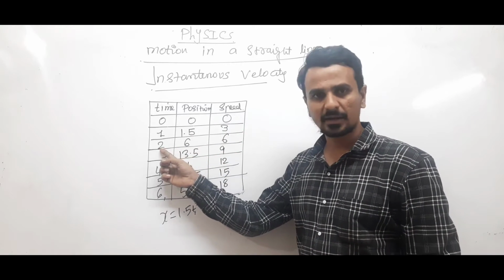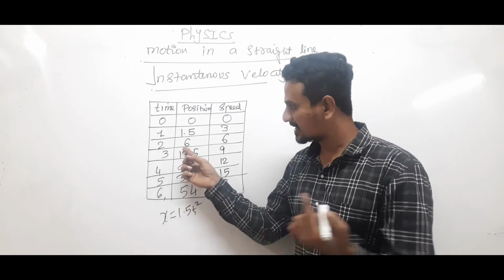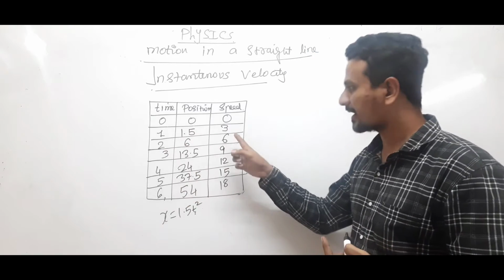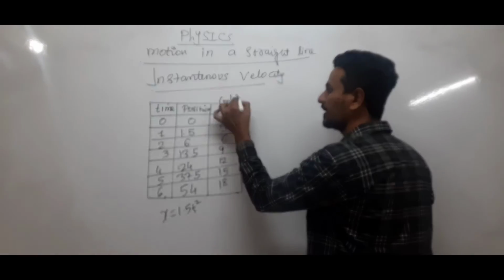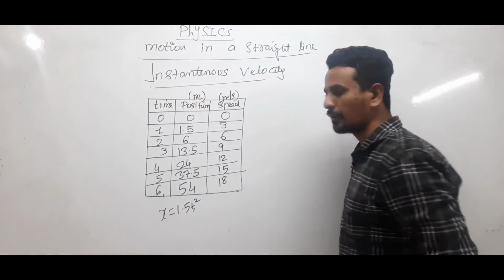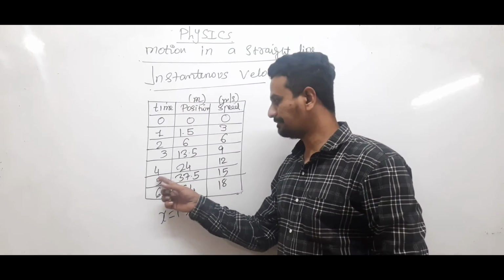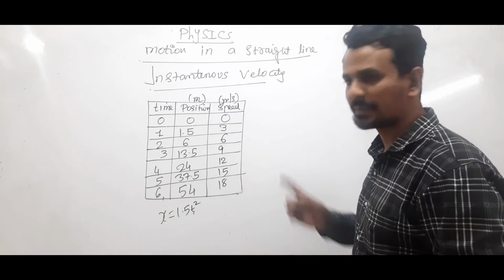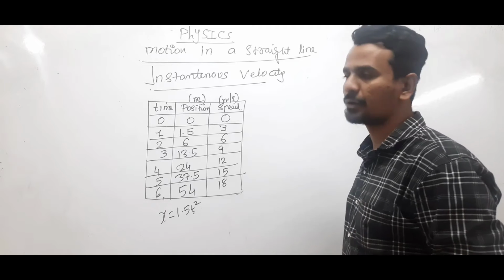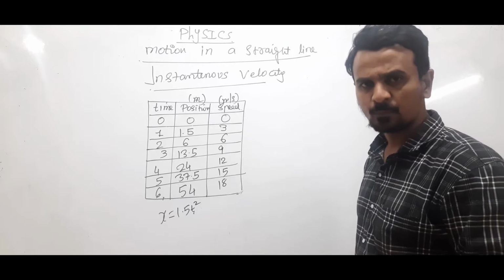At 2 seconds the car has moved 6 meters, and the speed is 6 meters per second. At 4 seconds the position is 24 and the speed is 12. So these speeds are instantaneous speeds.